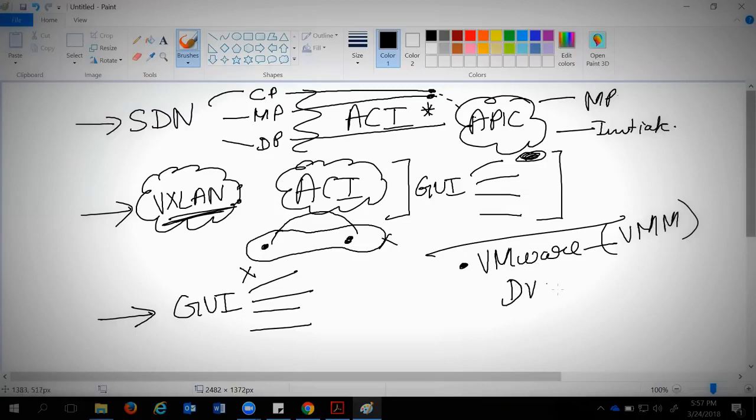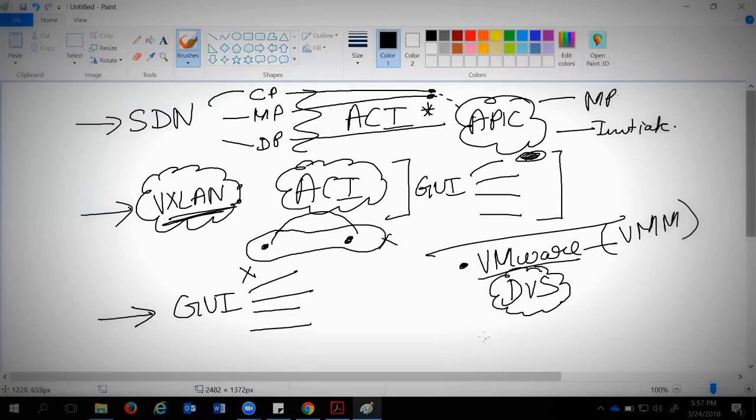Like whenever we say DVS or VDS, ultimately it's a similar thing, but we'll take some basic classes on VMware also, because I don't want to create situations where people are just blank and none of the guys are able to understand what I'm doing. I've seen people coming from a Cisco background who might not have a VMware background also. I'm not claiming that everyone doesn't have one, but at least I would try to follow this approach.